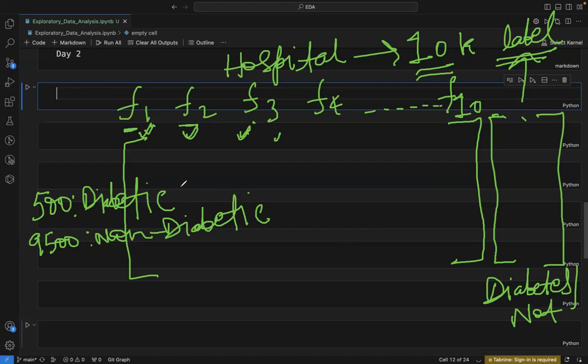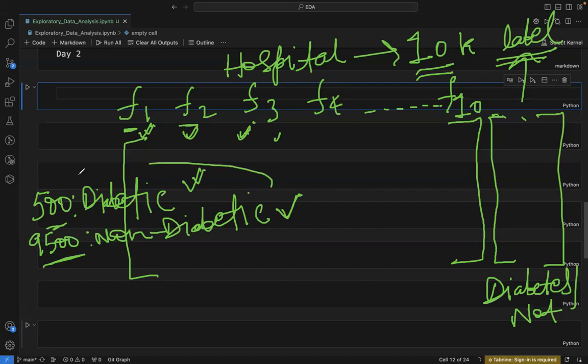My first class level is diabetic and the second class level is non-diabetic. The number of data points in each class is very different. One class has 500 data points and the other class has 9,500 data points.